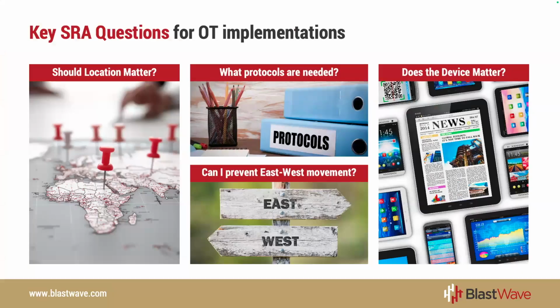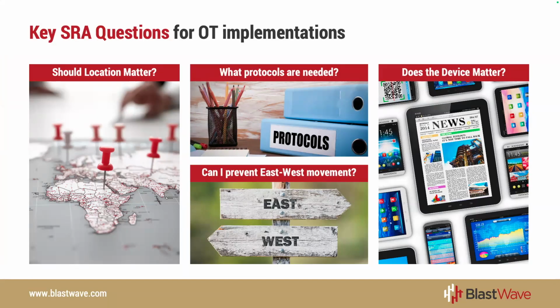So let's pivot to now, how can we prevent things like this from happening or prevent my network from being exposed or vulnerable to these attacks? And when you start putting together a secure remote access solution for third-party vendors, a couple of things to think about. One, it sounds a little strange, but should location matter?